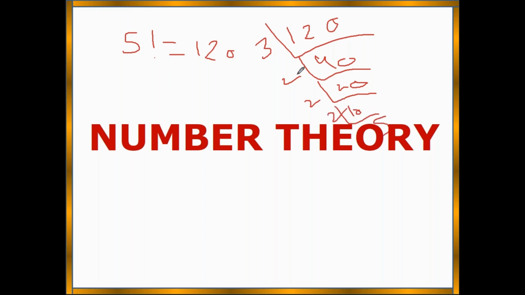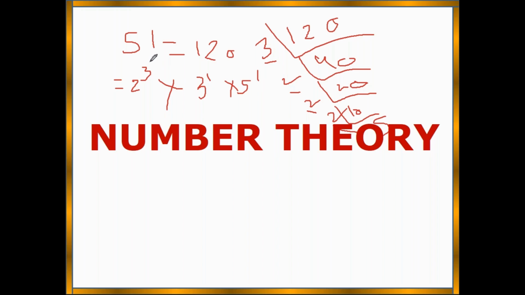So it is 3 into 2 into 2 into 2 into 5. So 120 can be written as 2 power 3 into 3 power 1 into 5 power 1. That is the prime factorization of 5 factorial, 120.